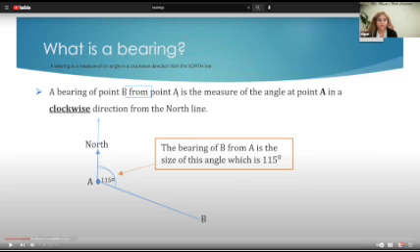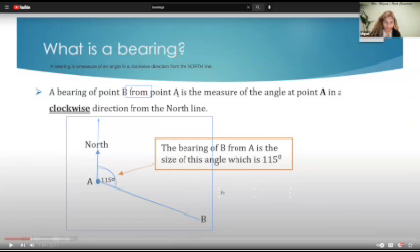Then I want you to draw this diagram here. And you're going to write next to it: from A, place the north line at A. Of B, measure the angle from the north line.